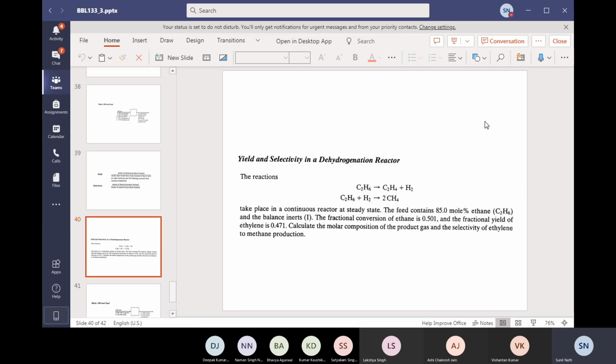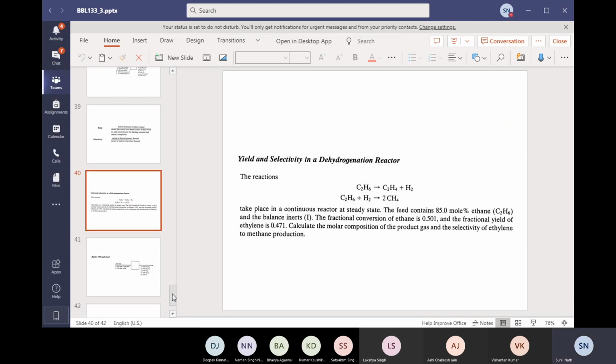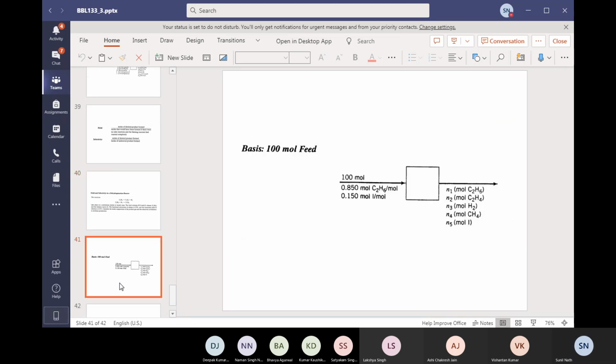So first you have to draw a diagram. Now N1, N2, N3, N4, N5 you know, or at least as mole fractions, so Y1, Y2, Y3, Y4, Y5 you know, because that is given in the product composition.